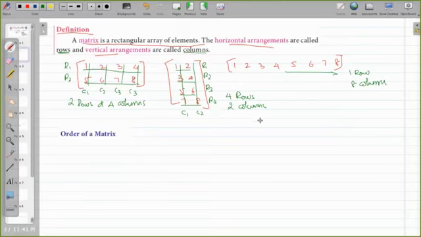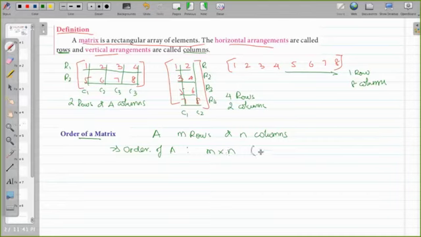Now we see the order of the matrix. A matrix has m rows and n columns. The order of matrix A is m cross n, or we can read it as m by n matrix.